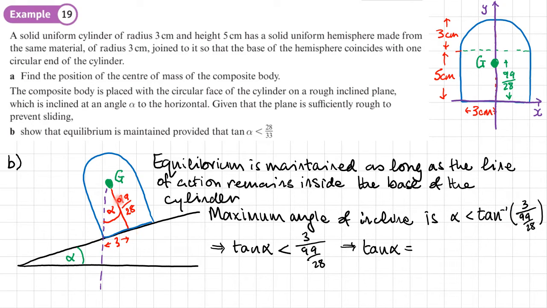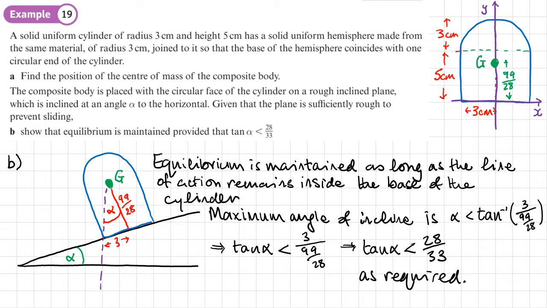If we do the tan of both sides, we get the tan of the angle equals 3 divided by 99 over 28. And so tan alpha needs to be less than 28 over 33. That's what we get when we do that calculation, which is what they want, so we can just put as required.